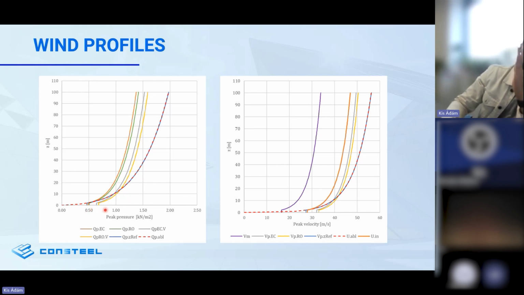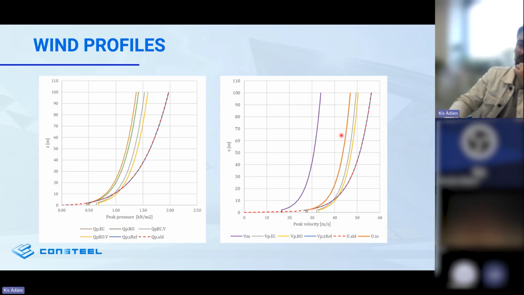We'd like to reach the same pressure values on the windward side, because those are exact pressure values, so positive pressure. But to reach this, we need a velocity profile which can produce this specific peak pressure profile.